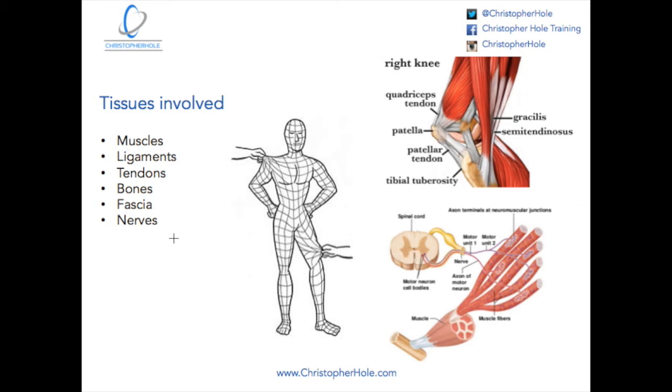Is it the bones? Is it the fascia? Is it the nerve? Because what you can then do is go and choose your therapy or therapist with a little bit more information. So it's worth speaking to a few different therapists, asking them to assess you, getting a few different opinions as to what the injury is, then making up your mind, well, that makes most sense to me, therefore I am going to have it treated in this way.